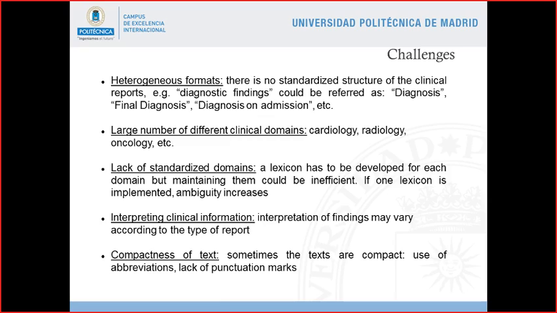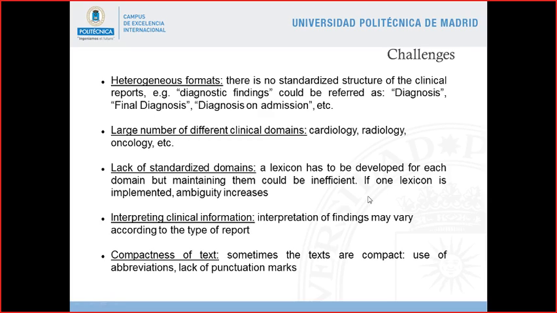Different clinical domains: cardiology, radiology, oncology. Lack of standardized domains. From this part, you can use a vocabulary for each domain. You can have a vocabulary or lexicon for cardiology, another for radiology, another for oncology, etc. But it's difficult to maintain these lexicons.